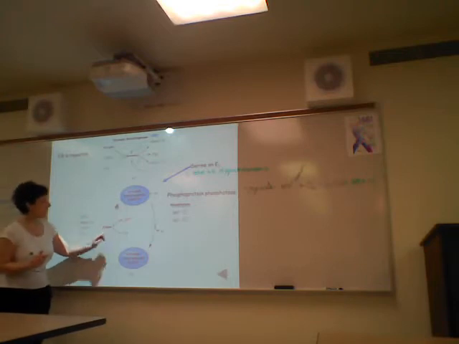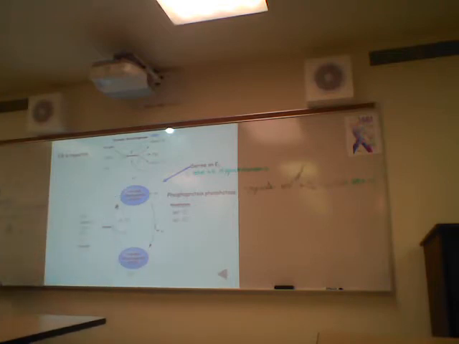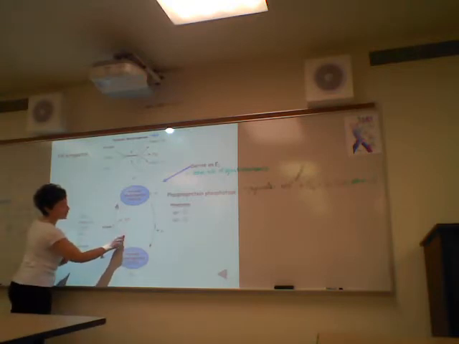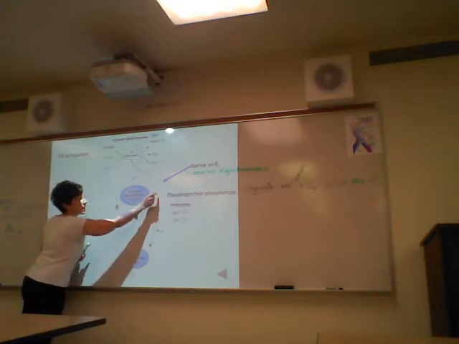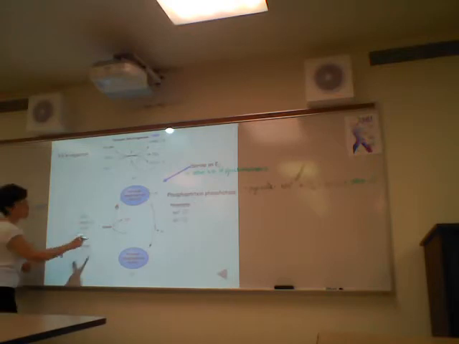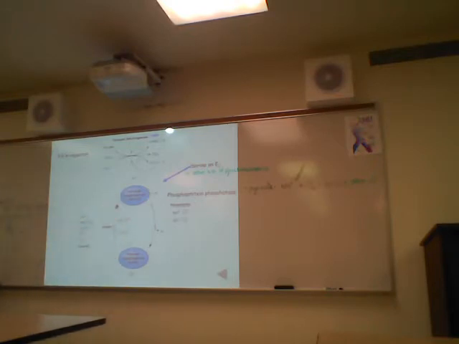All right, so now let's decide. What about the enzyme that turns it from the active form to the inactive form? We are using a phosphate from ATP and generating ADP. So this phosphate group that's on here came from ATP. And this kinase enzyme is the one that's going to make it inactive.